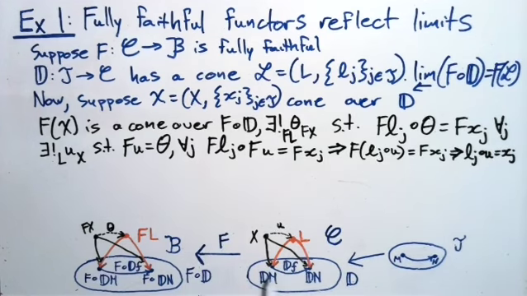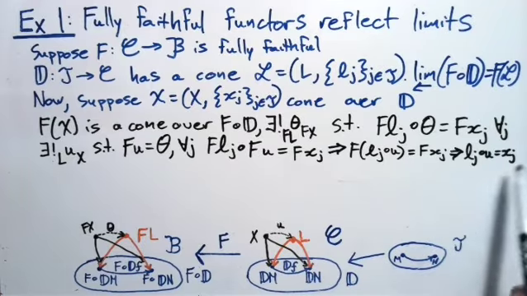But that is exactly the commutativity property we needed for this to be a cone morphism, right? So we've found a potential mediating morphism going from X to L. It definitely is a cone morphism, but we need to show that it's a mediating morphism. So we need to show also that it's unique. It's the only morphism that allows these legs to commute with each other.